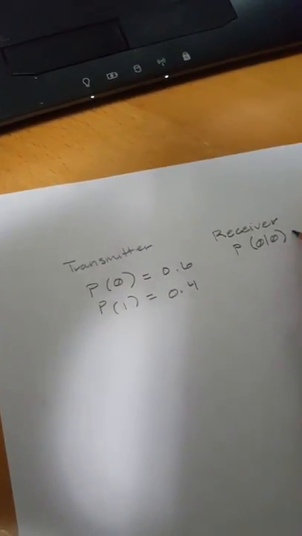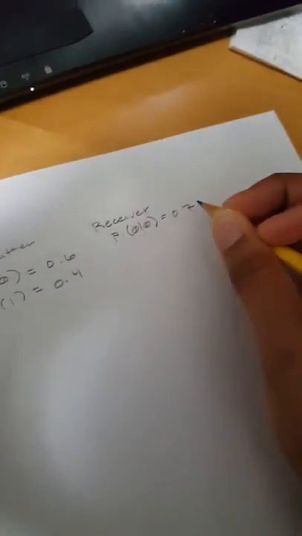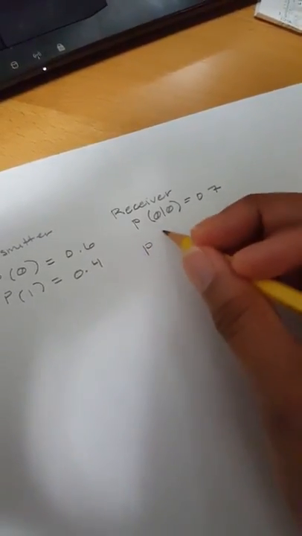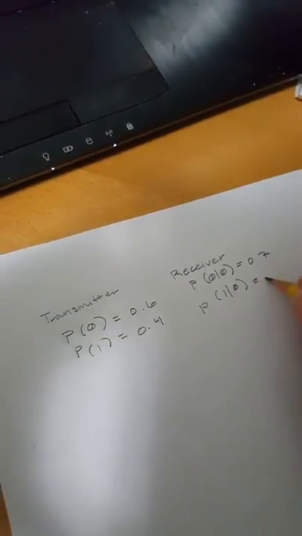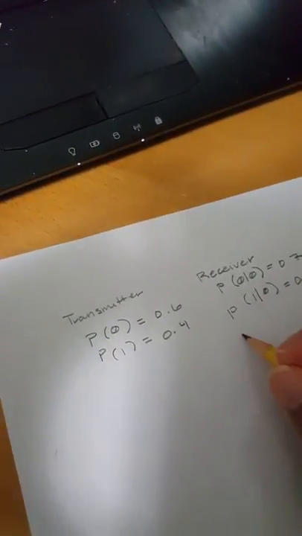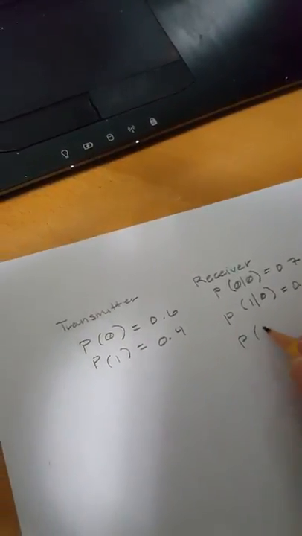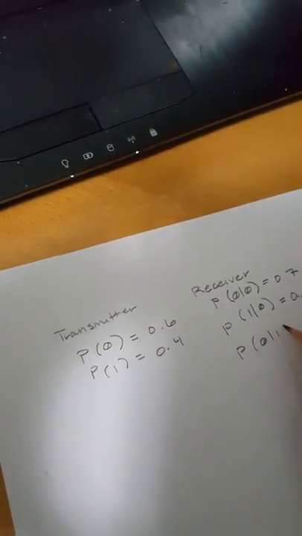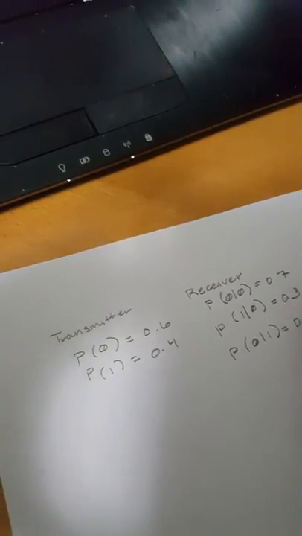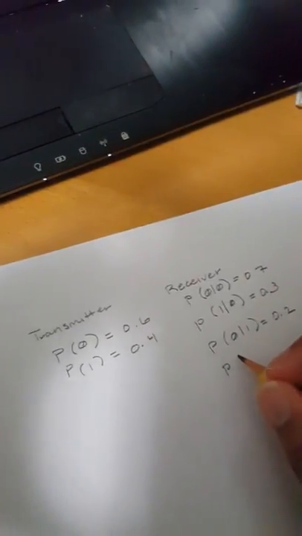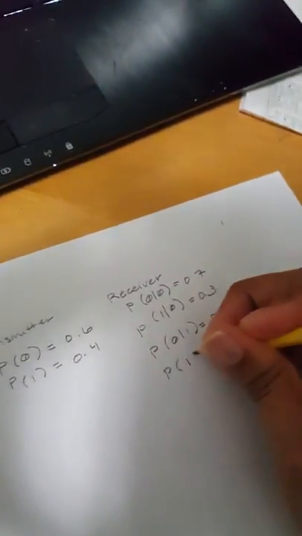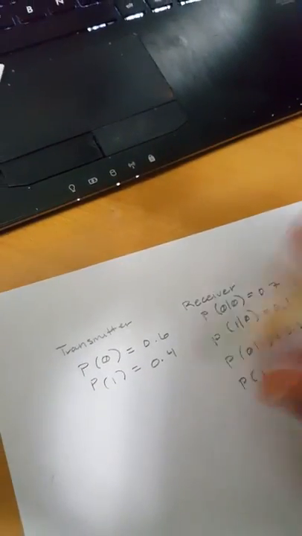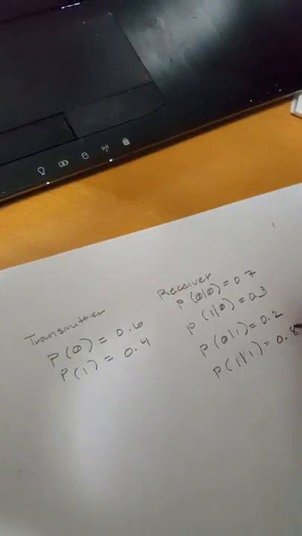Given 0 was sent, the probability of receiving 0 is 0.7, and of receiving 1 is 0.3. The probability of getting a 0 when 1 was sent is 0.2, and the probability of receiving 1 is 0.8.